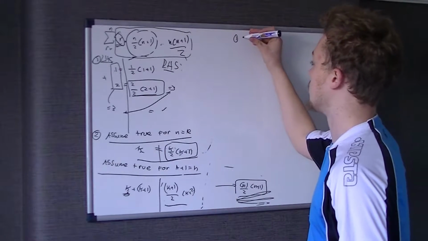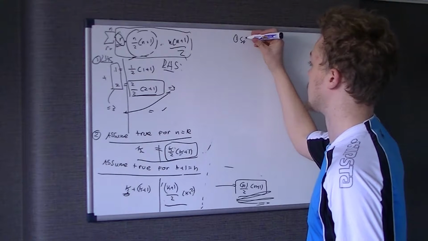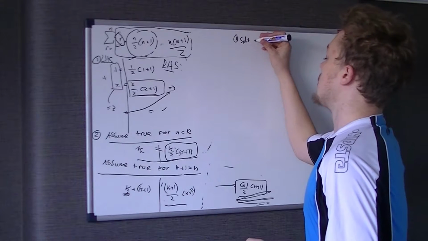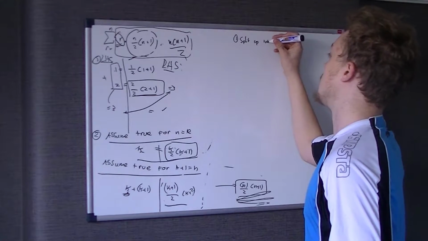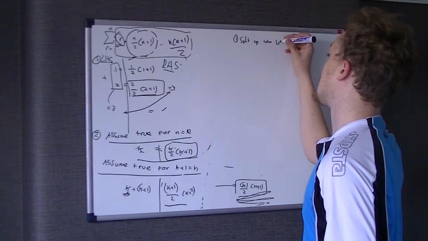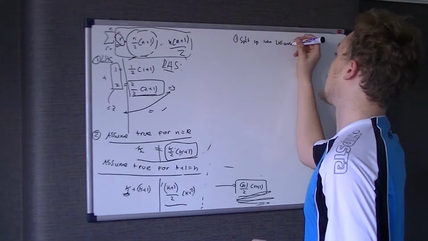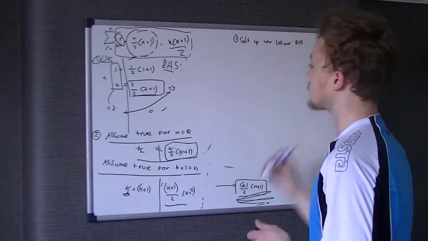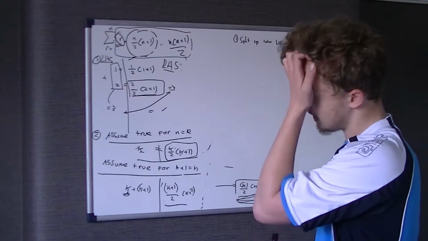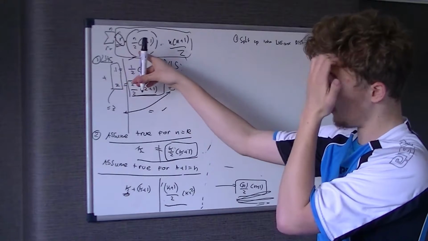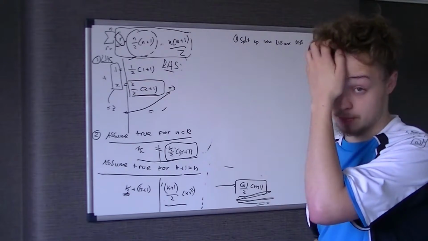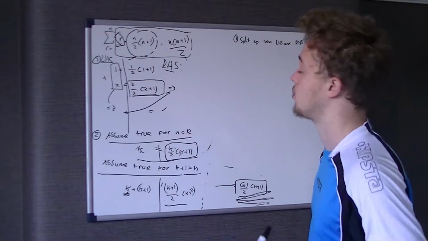Actually, I put it in step one: split up into LHS and RHS. Essentially that just means putting the n over 2 times n plus 1 on the right side and putting a line between them.